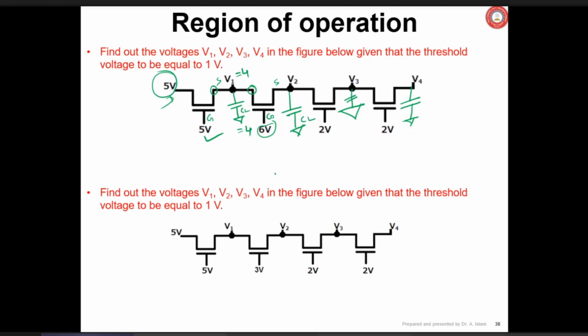So it will be on, and the CL will be charging up, and it can charge up to what voltage? That is the question. You have here only 4 volts, so it cannot charge beyond 4 volt. It's going to be 4 volt. Do you agree? Yes, sir.